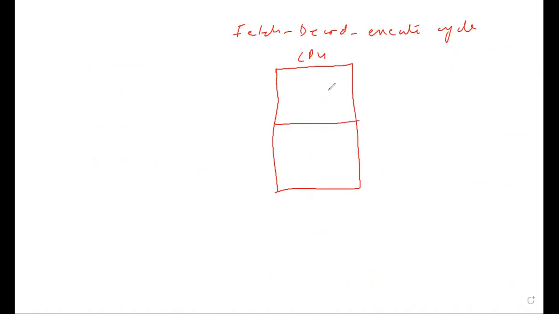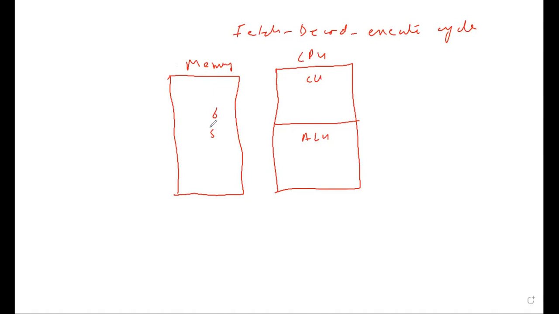Again, it has two parts, CU and ALU. It has a kind of memory, like memory, and we want to add two numbers like 6 plus 5, 11.